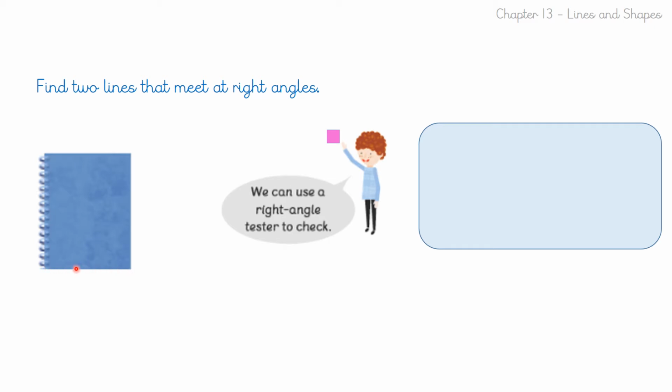These 2 lines are meeting at a point in order to make a right angle. Can you see? So I know that there is a right angle here. Now I need to look for the 2 lines that meet in order to make that right angle. So in order to make this right angle, I know that this line here and this line here are meeting at a point. Do you know how these lines are called?